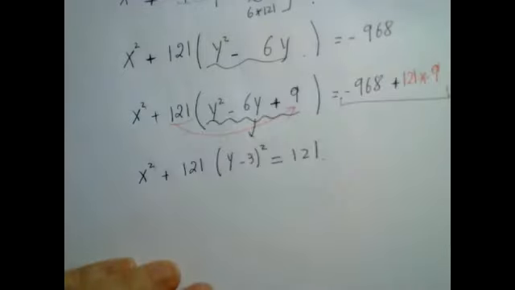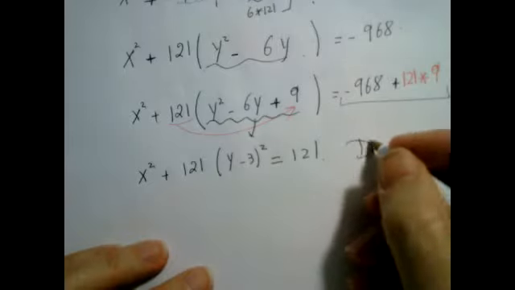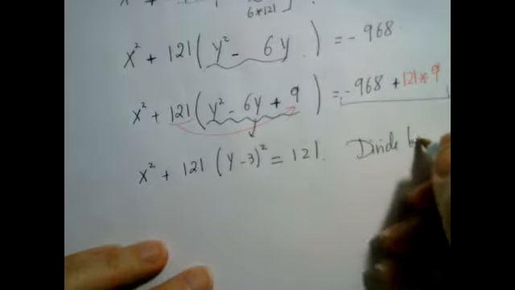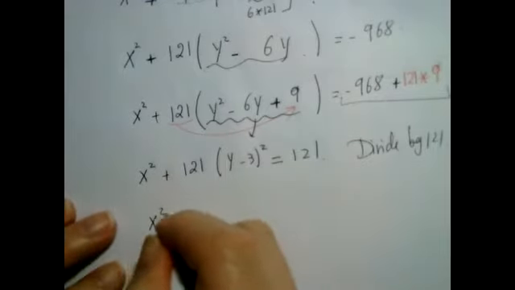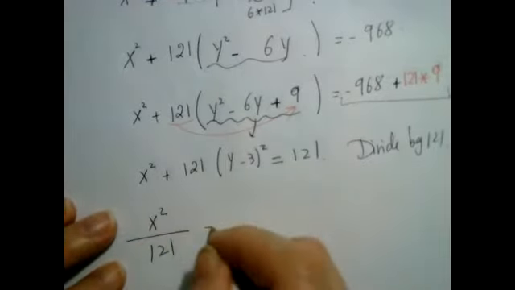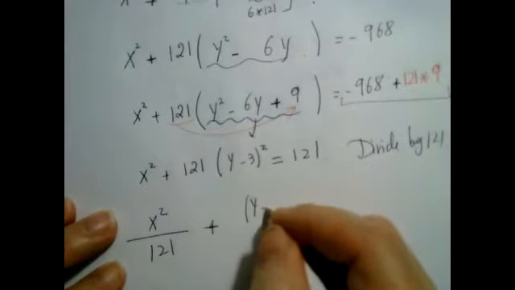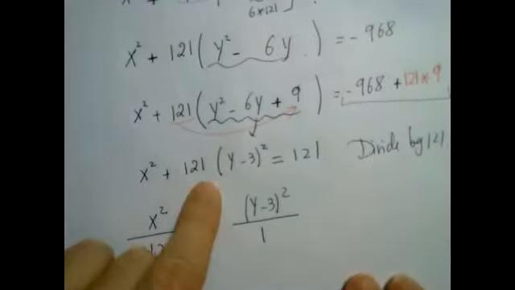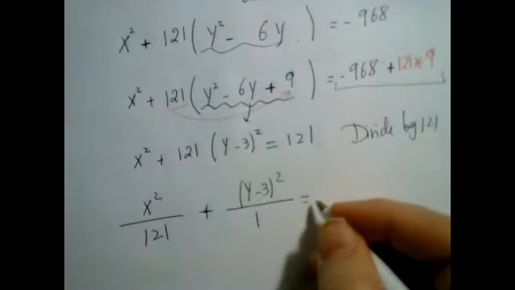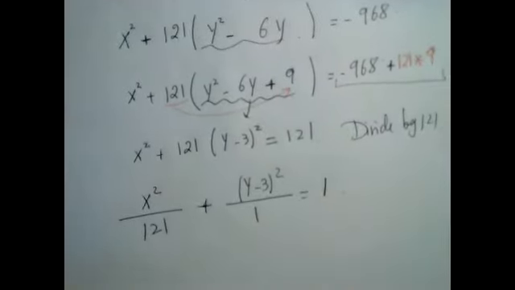So I have to divide by 121, and now I will be done. Over 121 plus over 1, because I divided by 121, this will give me equal to 1.